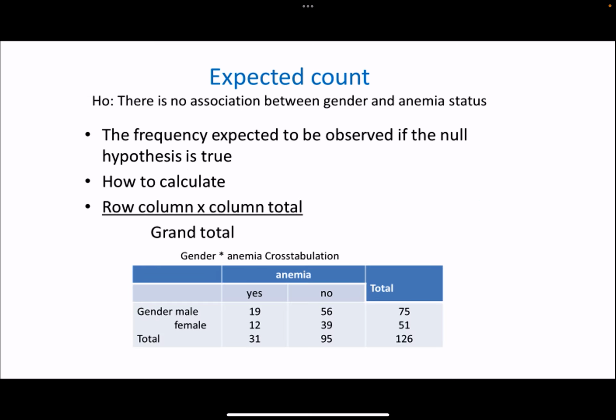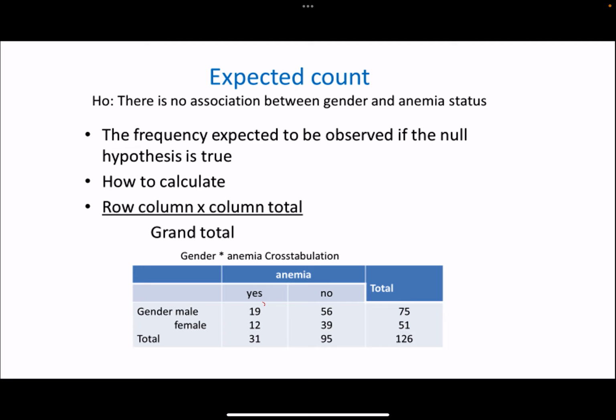So what is the expected count, class? So expected count is by calculating row total times by column total and divide by grand total. For example, you want to calculate the expected count for male who have anemia. For male who have anemia, so it means this part 19. So what you can do is you have to calculate by using this formula.